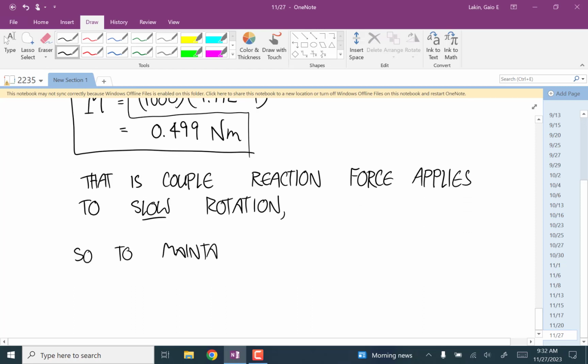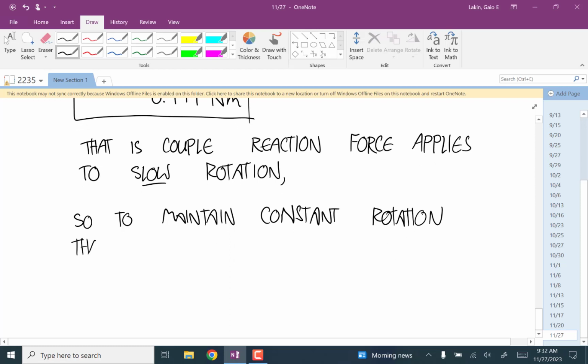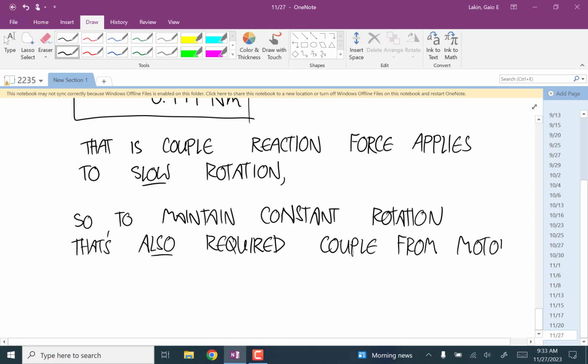So to maintain a constant rotation, that's also the required couple from the motor or whatever. Then we multiply by 2. Yeah, so it depends if you want it for a single axle or the whole thing or whatever.